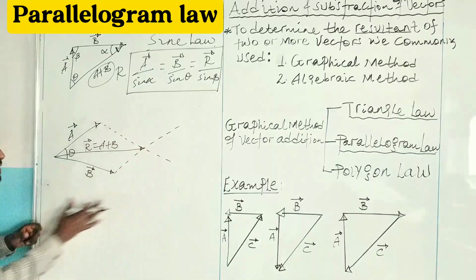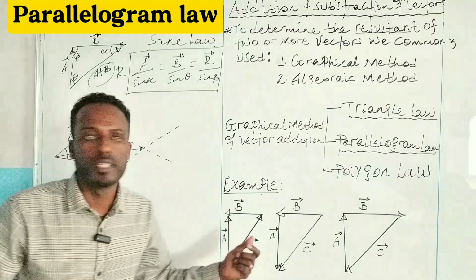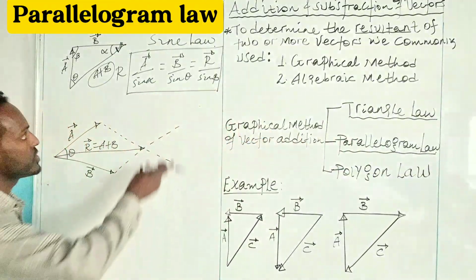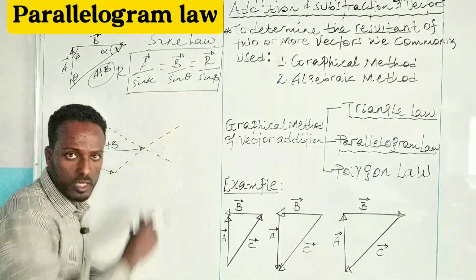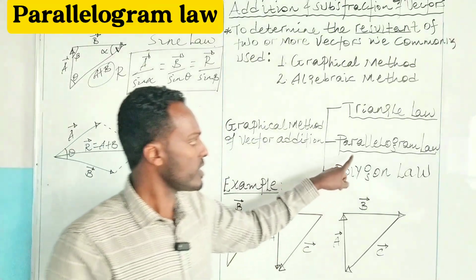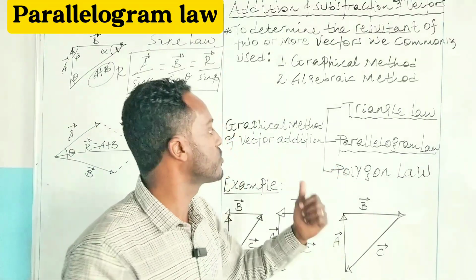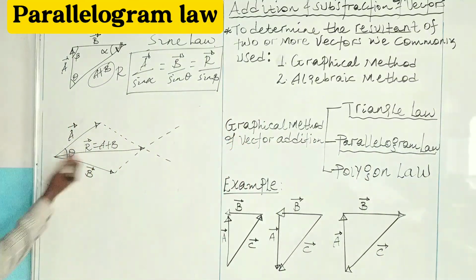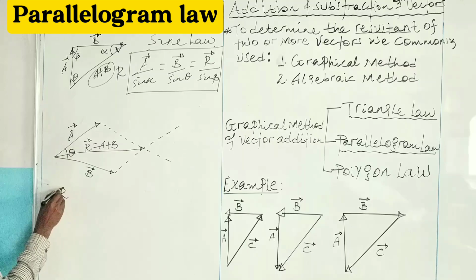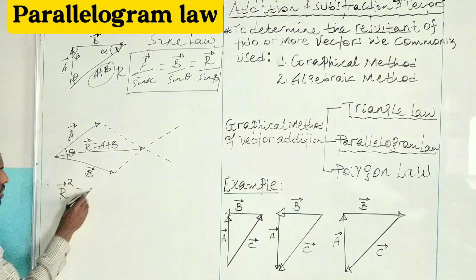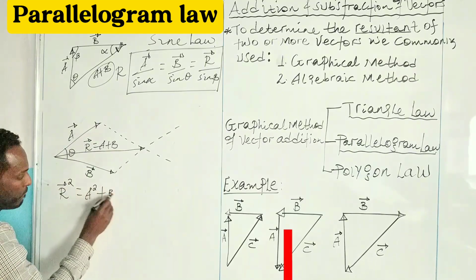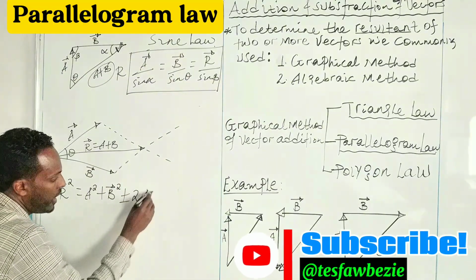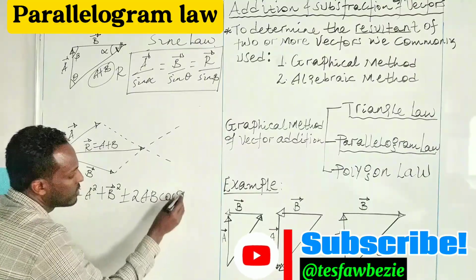So the next one is how to find their magnitude and direction in the case of the parallelogram law. In the triangle law of vector addition, we said we can simply use the sine law. Likewise, to determine the magnitude and the direction of the two vectors in the case of the parallelogram law, we can use the cosine law, which is the same as resultant R square is equal to vector A the whole square plus vector B the whole square plus or minus 2 times AB cos theta.